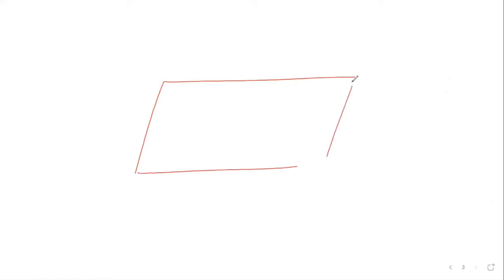So this is my parallelogram, Mr. Satya. Now, these two sides are 14 centimeter, this is 7 centimeter, this is 7 centimeter. And what have they told? No, this is 8 centimeter. These two sides are 8 centimeter, and this height is 7 centimeter.